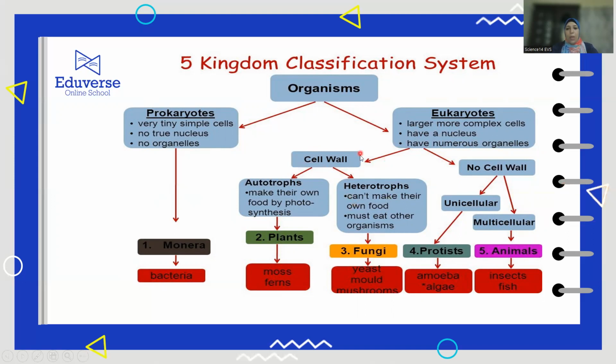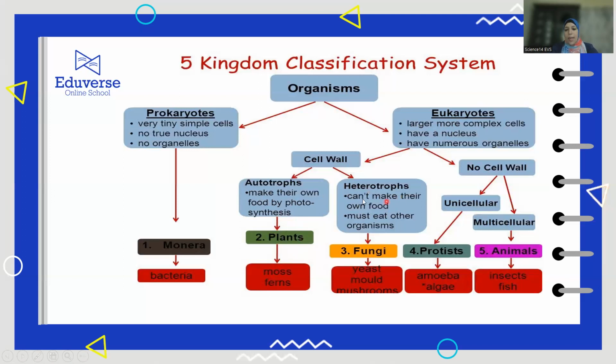Those which have a cell wall may be autotrophs or heterotrophs. What is the difference between autotrophs and heterotrophs? Autotrophs are self-feeding. They depend on themselves to make their food, like by the photosynthesis process, like plants.